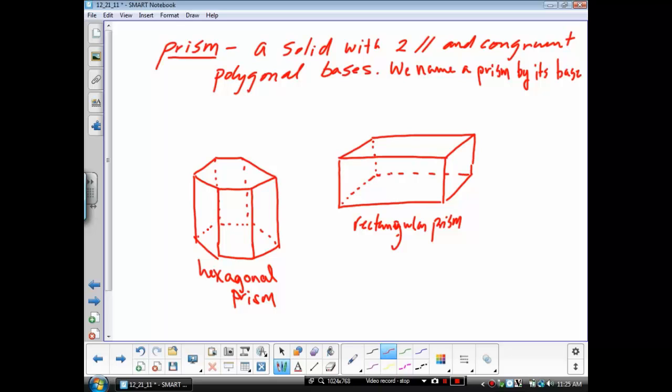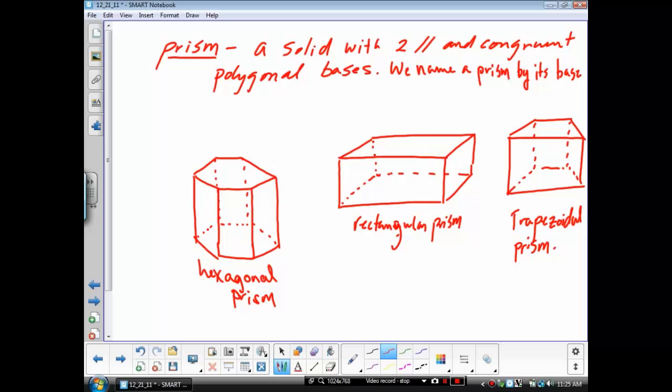We could have a trapezoidal prism, and then you have the base is a trapezoid. Making it 3D, so dotting these other edges in. We could have a pentagonal prism, yes, and then we have pentagons on the bases.